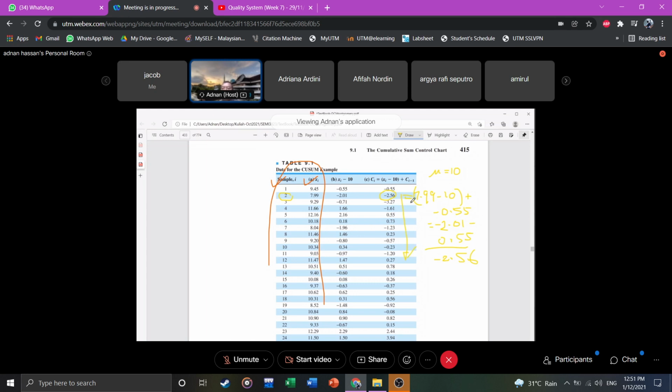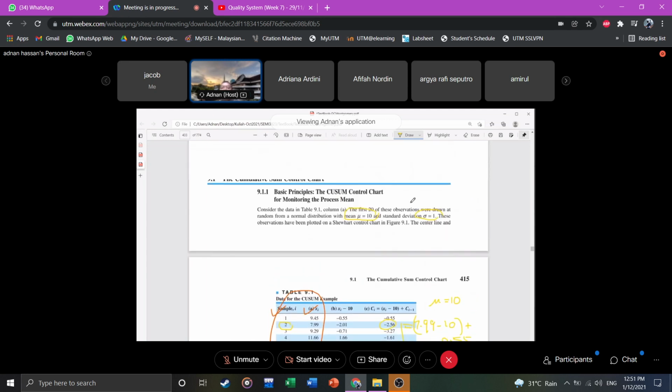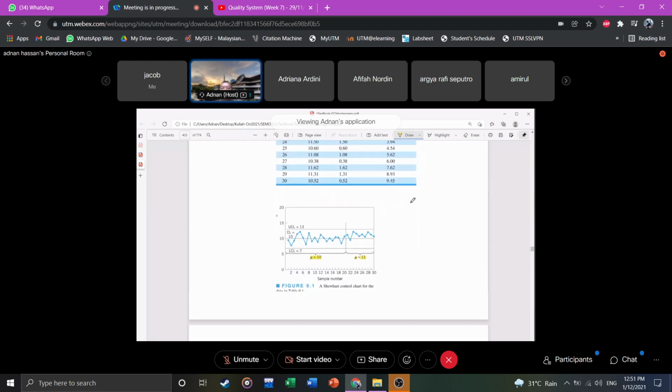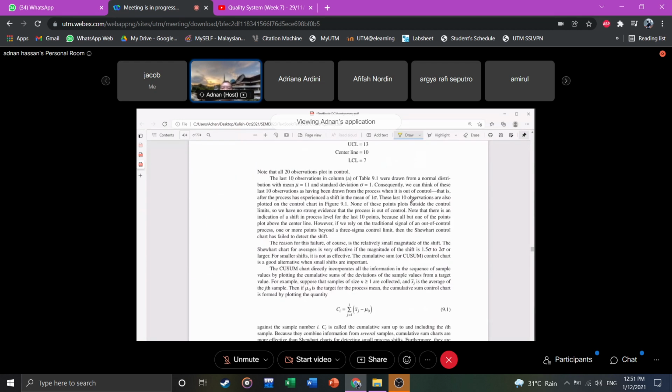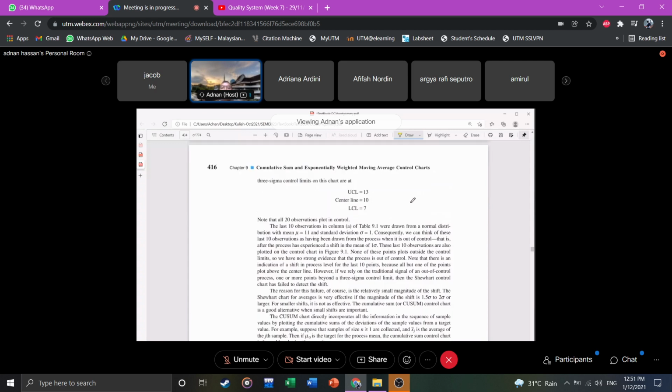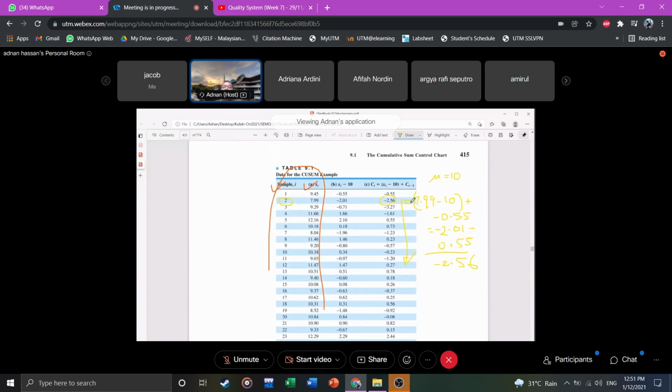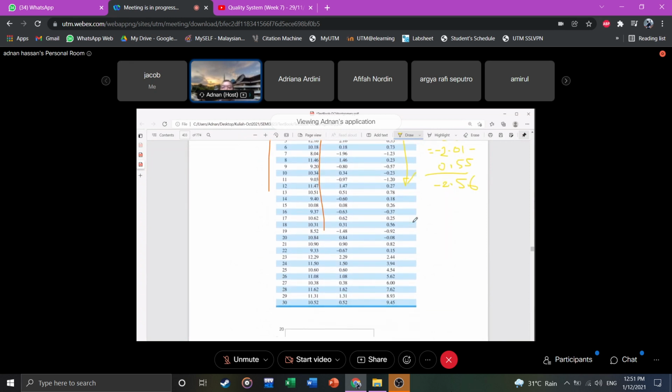Using this formula of C, when we plot this, you see the value here.